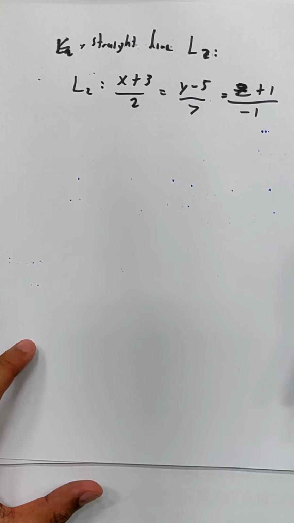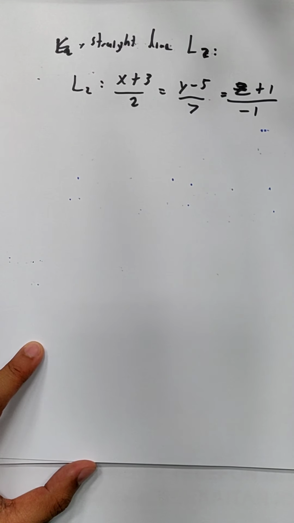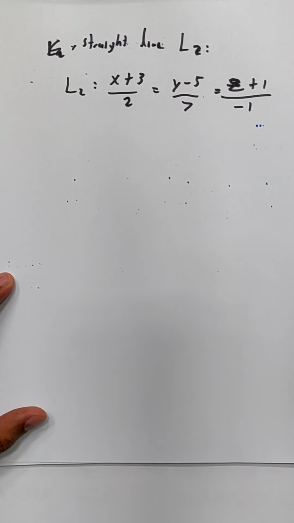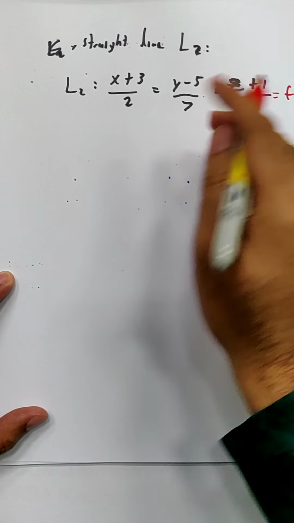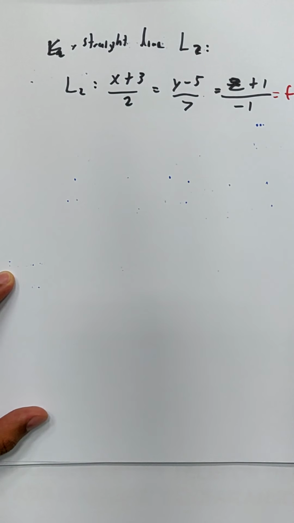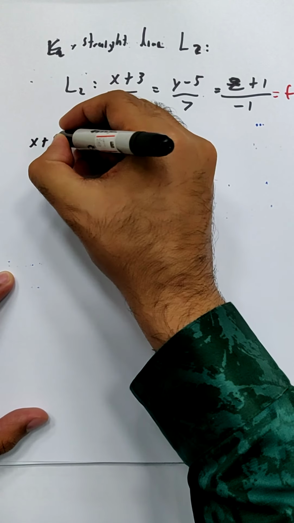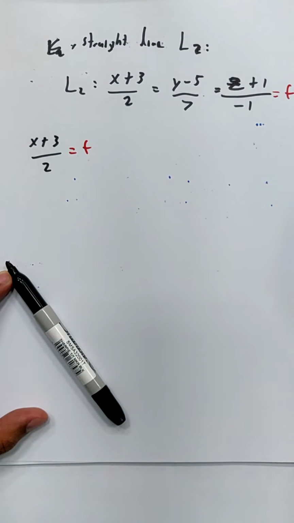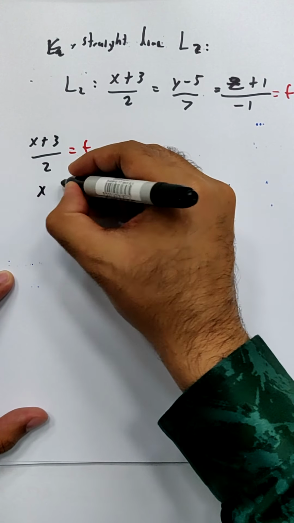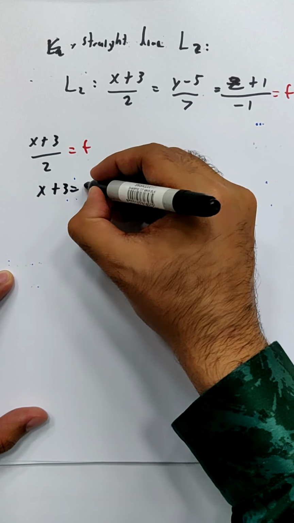Good luck on your own. To the viewers, I suggest you try it by yourself, or you can follow me. Let's say everything equals t. So (x plus 3) over 2 equals t. You can rearrange it. x plus 3 equals 2t.